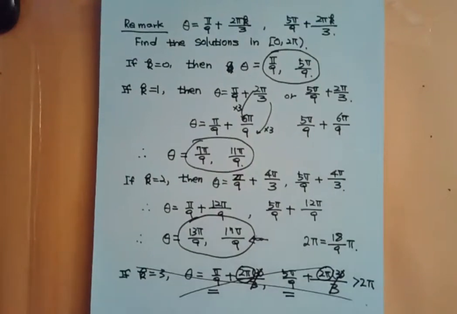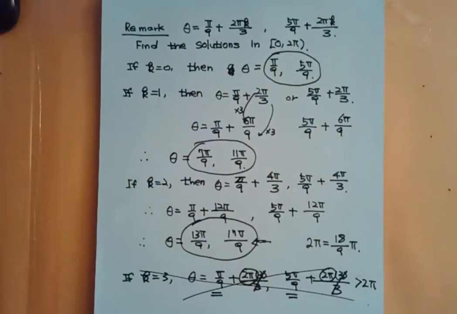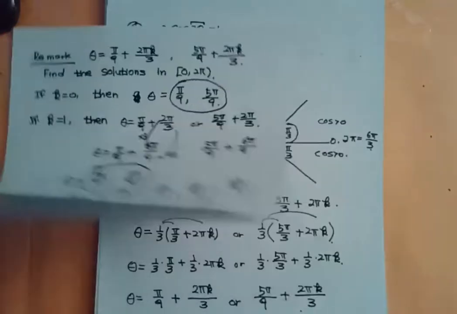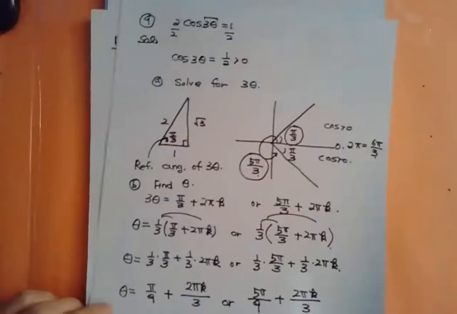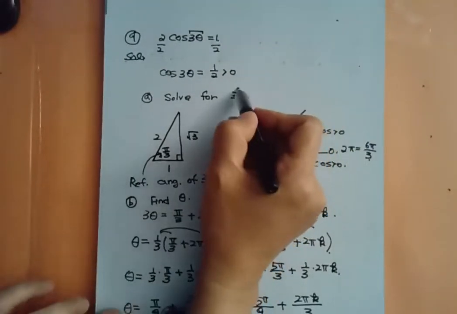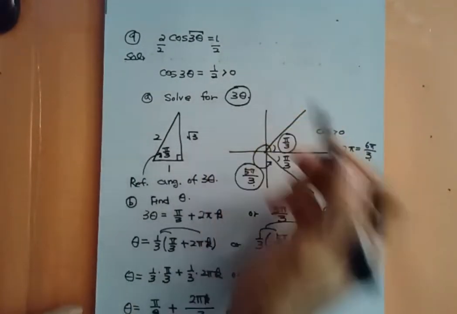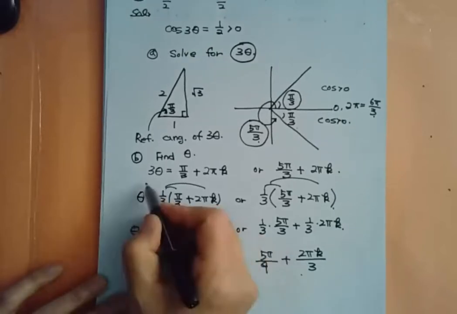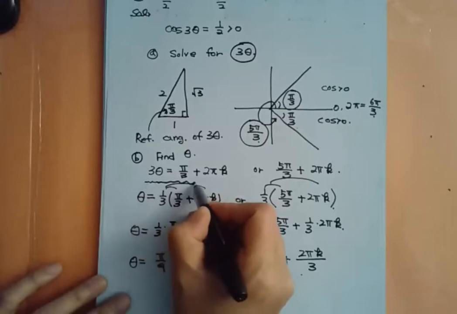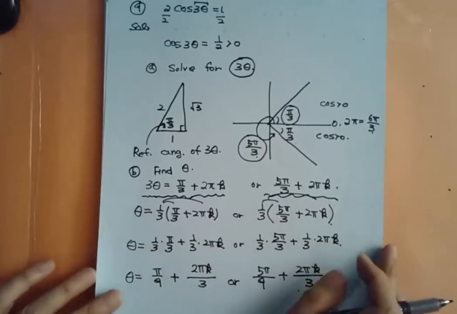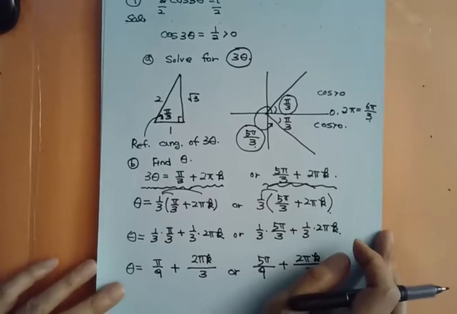I didn't multiply by 1/3. So could you clarify the page before? What we did was we solved for 3 theta, and then we obtained the value for 3 theta. But what we are looking for is a theta value.